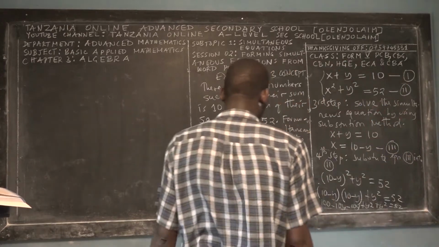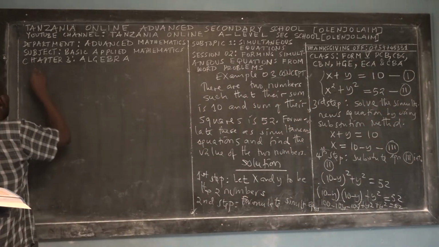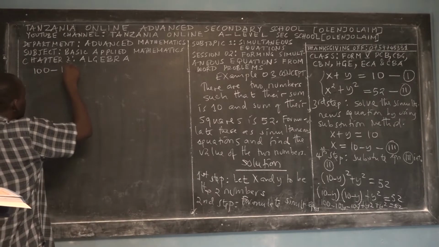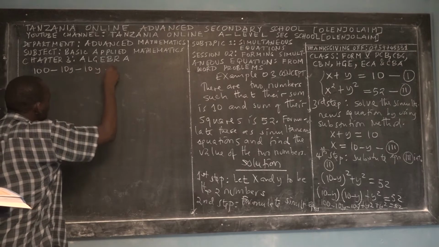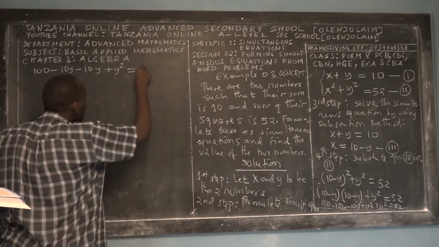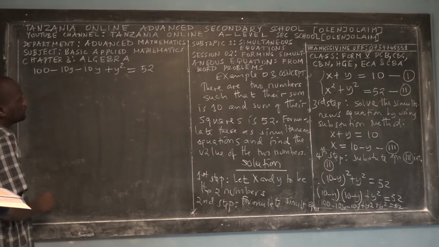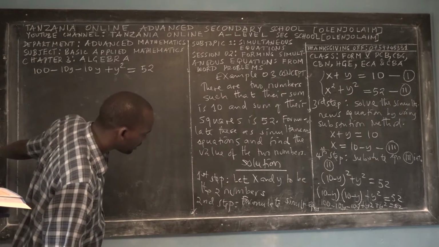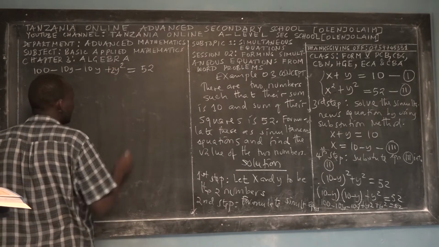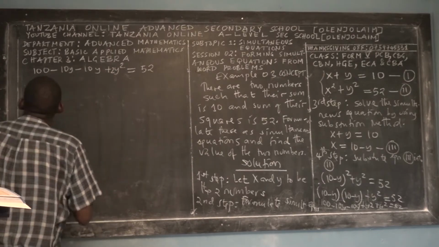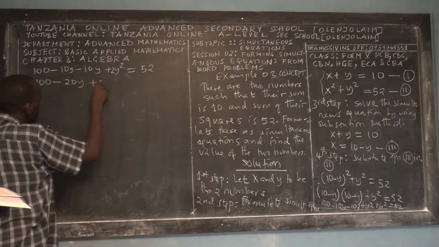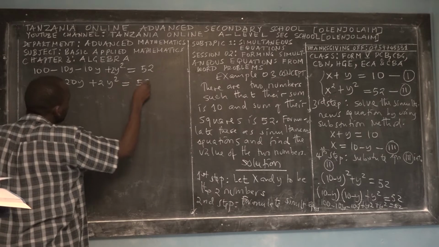Okay. So then this is equal to 100 minus 10y minus 10y plus y squared, plus y squared is equal to 52. So this will be plus 2y squared, right? Are we together? Okay. So we have 100 minus 20y plus 2y squared is equal to 52.